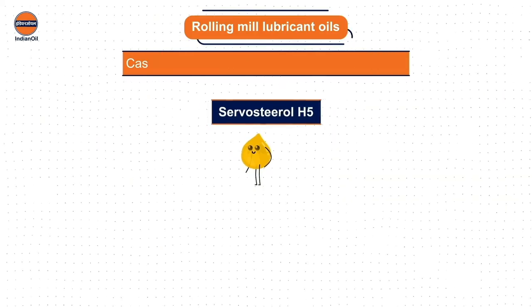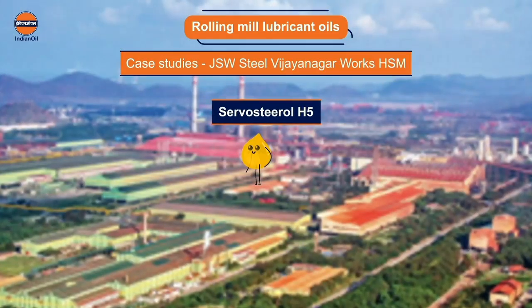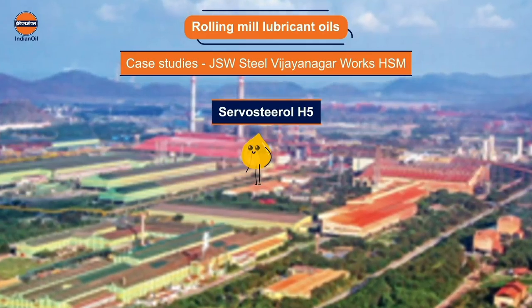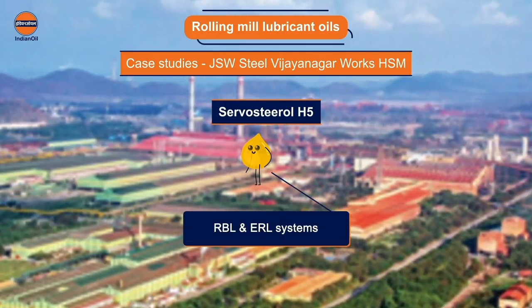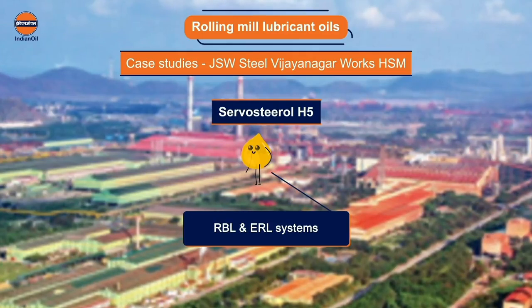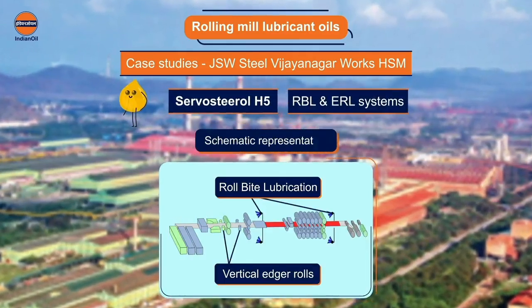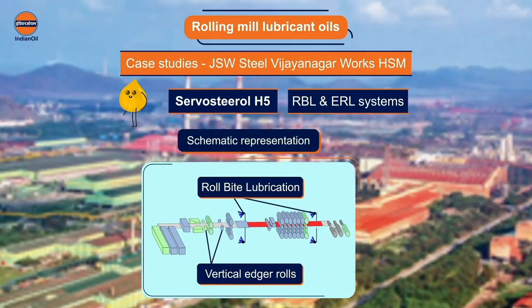Moving on to the case study at JSW Steel Vijayanagar Works. Servosterol H5 was used in RBL and ERL system trials in JSW Steel Vijayanagar Works HSM. This is the schematic representation of the process flow at JSW HSM.